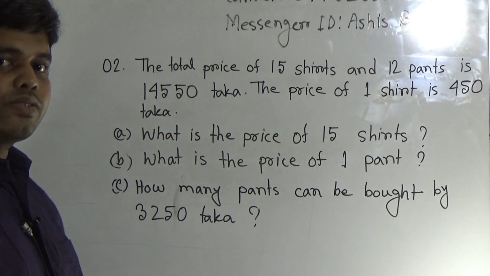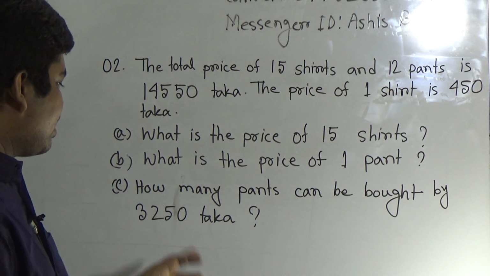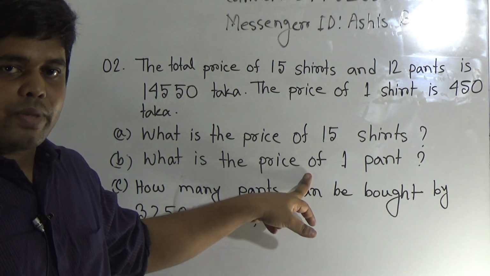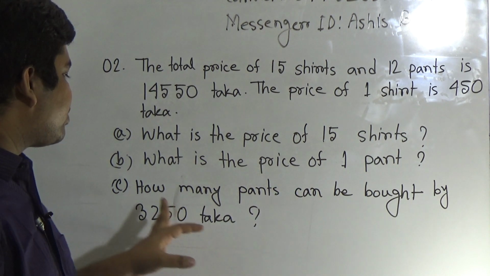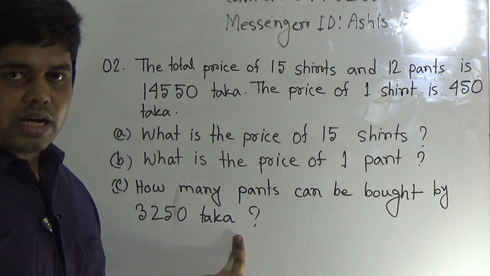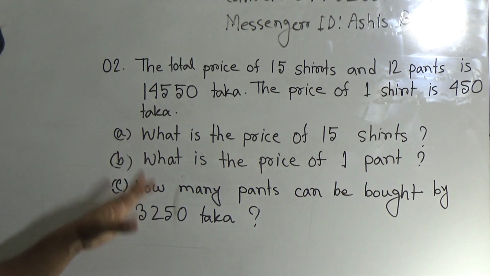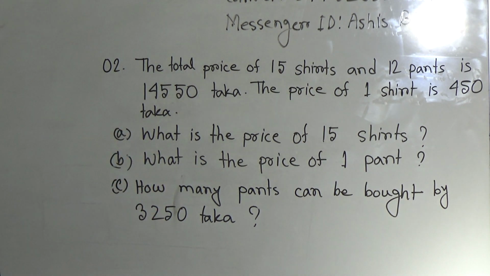We divide this amount by the price of one pant, and you get the number of pants by this taka. Okay, when I solve this math, you can easily understand.